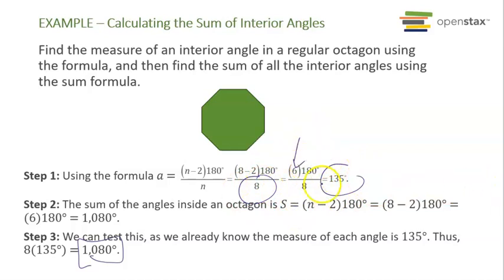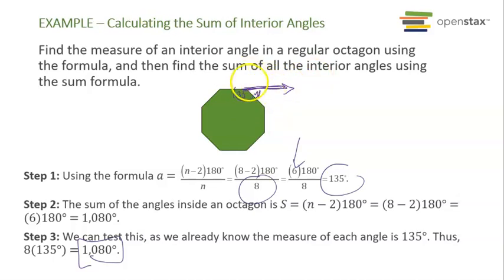Or I can bypass that, do it this way, and use the formula up at the top. Well, if this is a 135 right here, if I were to extend this, I can find out what this is, because that's just a straight angle, right? That's got to add up to 180.